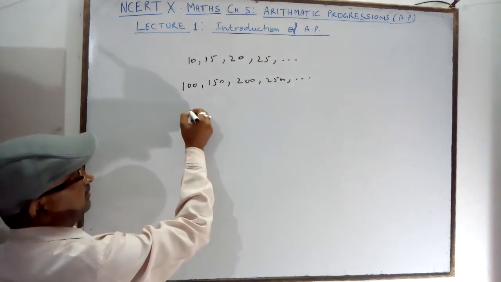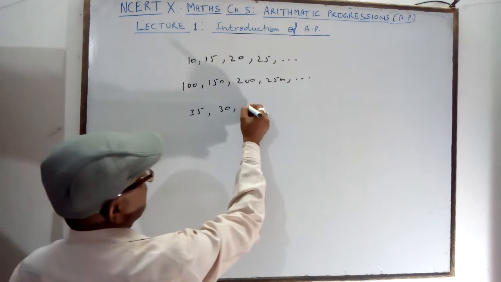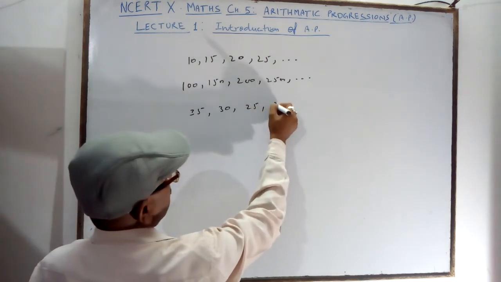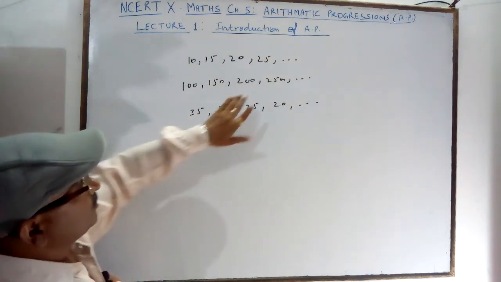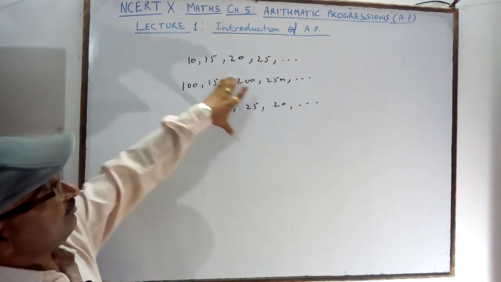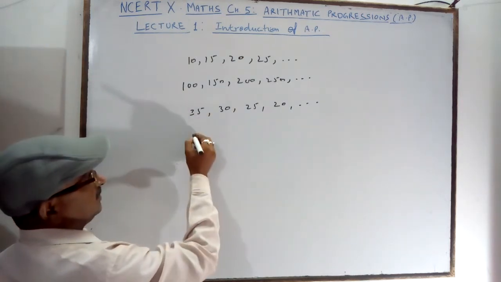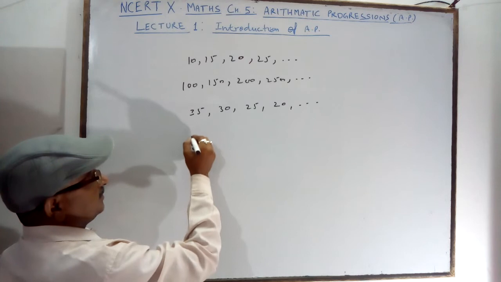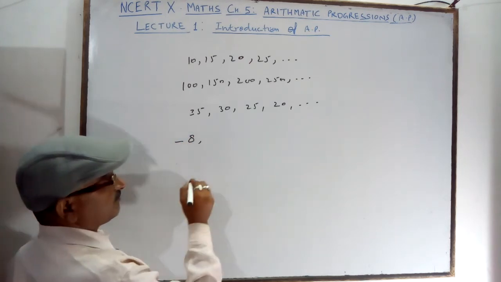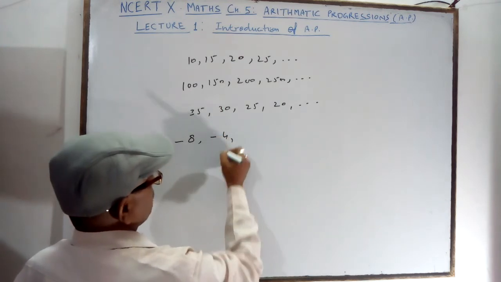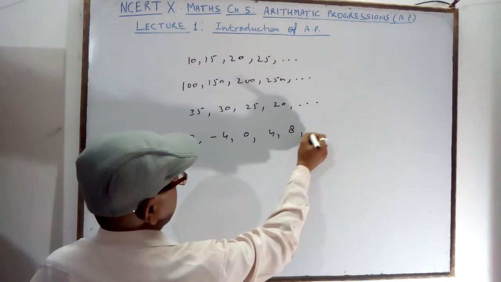You can say 35, 30, 25, 20, and so on. These are types of numbers given in a fixed pattern. Or minus 8, minus 4, 0, 4, 8, and so on.